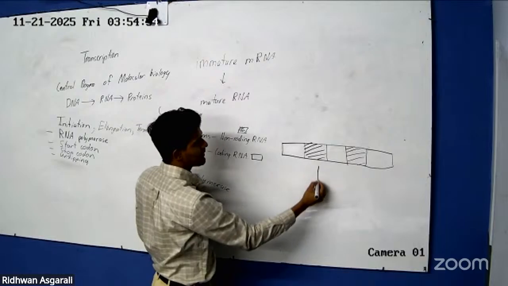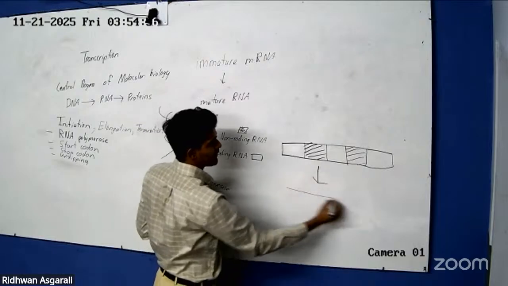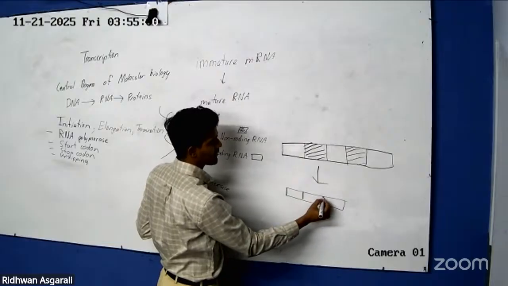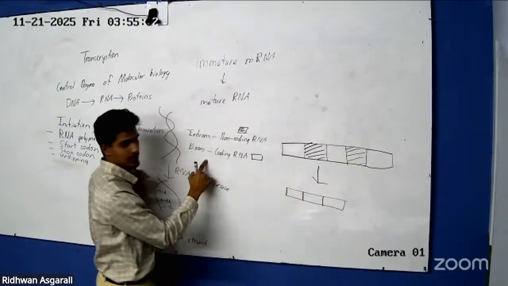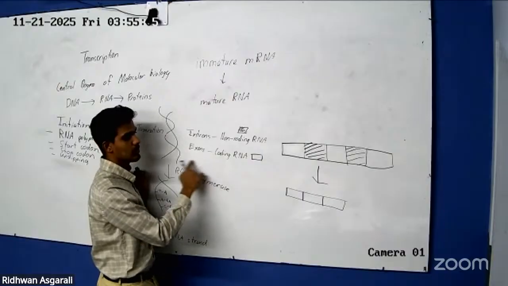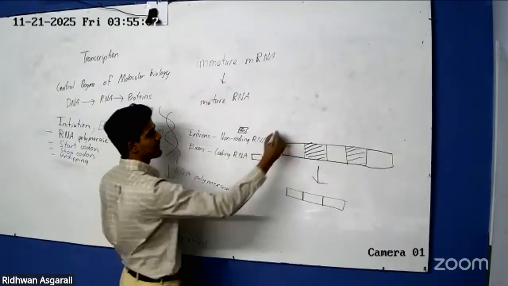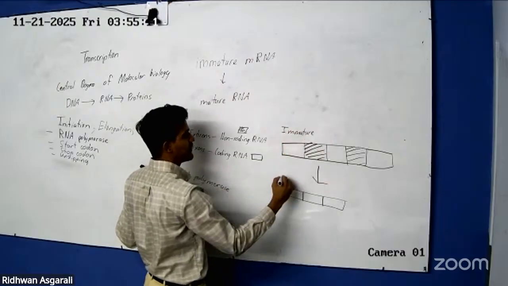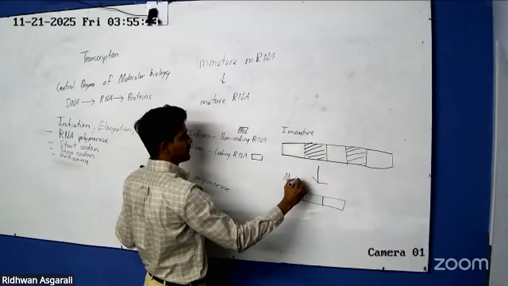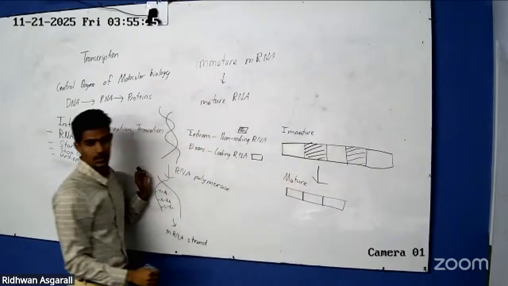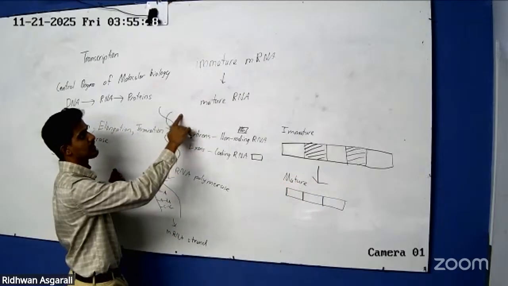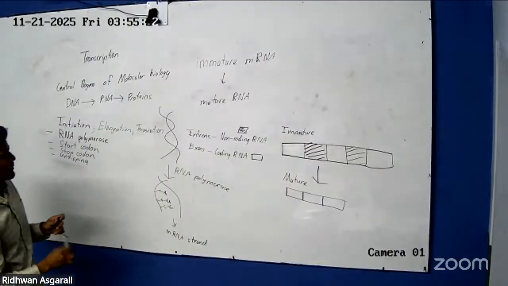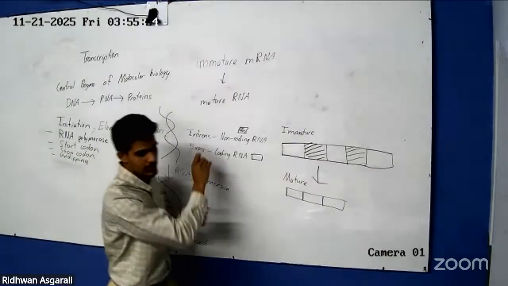This will be converted into a structure with only exons, only containing the coding RNA. So this is the immature mRNA, and this will be the mature. These are modifications to the mRNA before it can leave the nucleus. So just take down this diagram with the key.